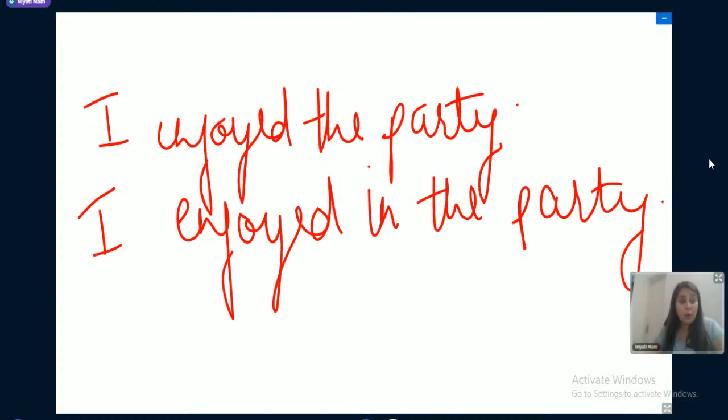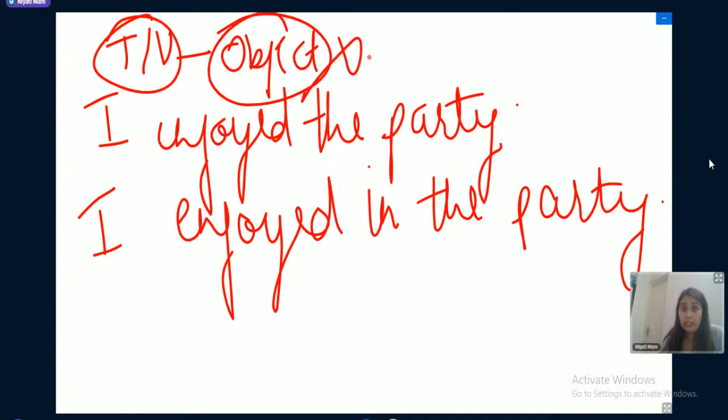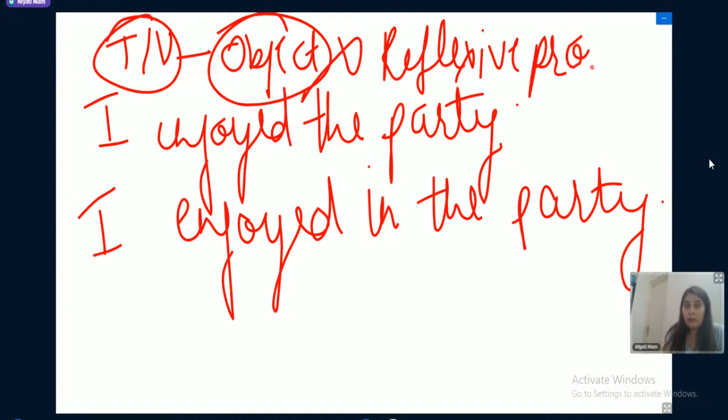One thing which I already told you about these words is that all of these are transitive verbs, right? Transitive verbs require what? An object. If an object is not there, then you need to use a reflexive pronoun.